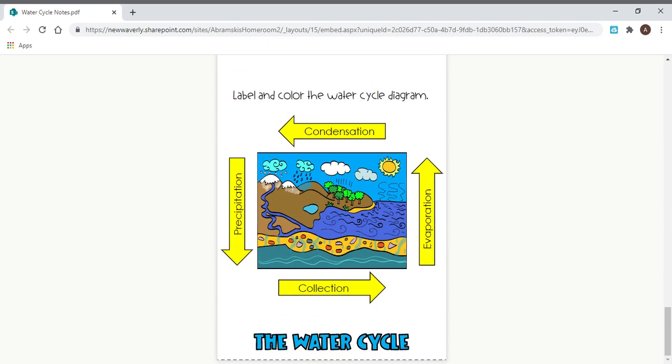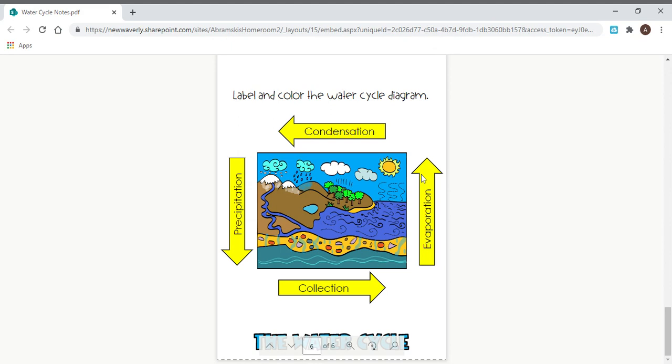Lastly, with your forms, you're going to see this picture. We're going to go through it so you can see what they're talking about with this picture. So we start off with the collection, which is like a puddle, from how the water cycle happened. So we have the collection in rivers, oceans, lakes, streams, or we could have groundwater. So we have the collection here. When the sun heats it up, it then begins to evaporate.